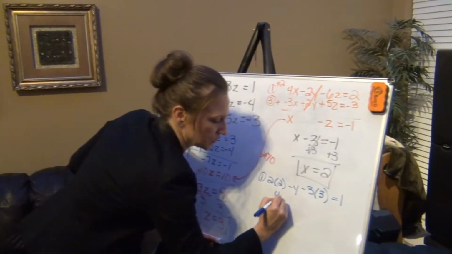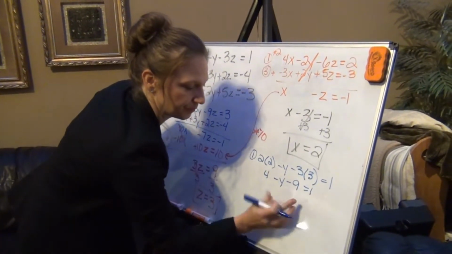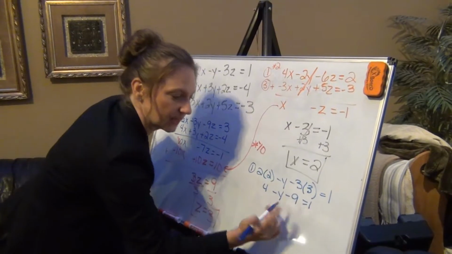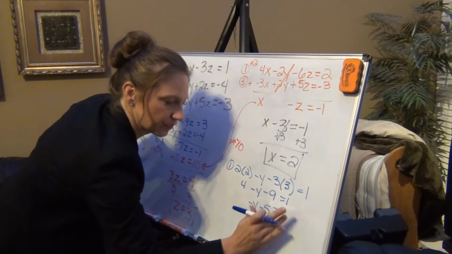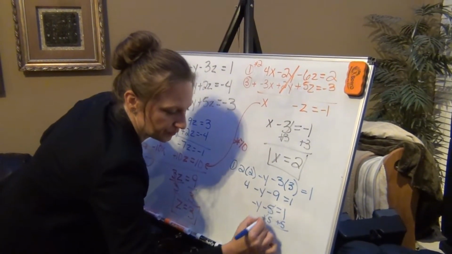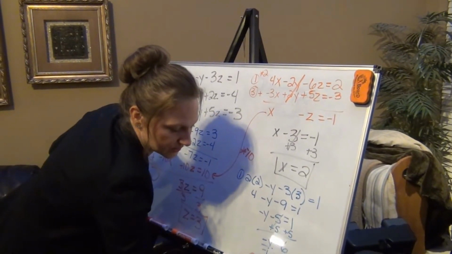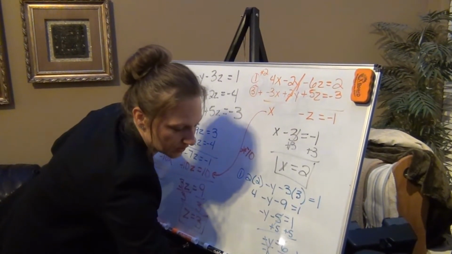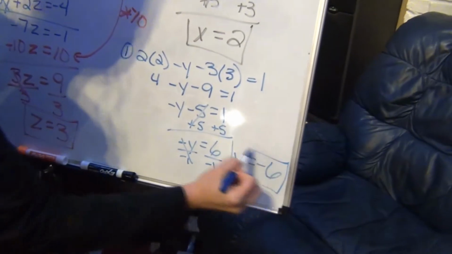So 2 times 2 is 4, 3 times 3 is 9, 4 and -9 combine to be -5. Add 5 to both sides. And then to get rid of this negative, we're going to divide by -1. So y is -6.